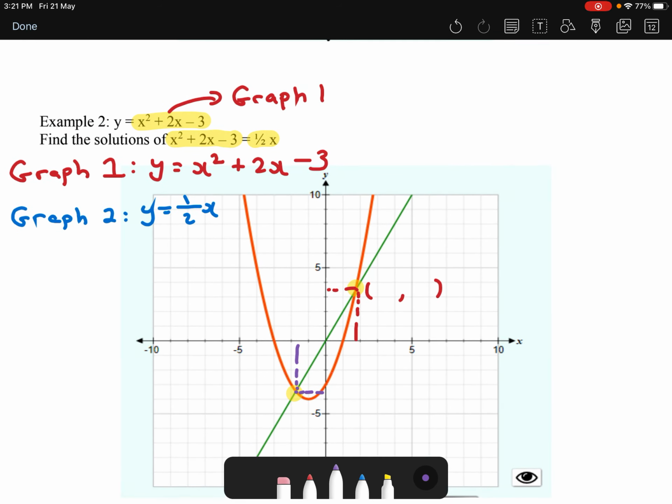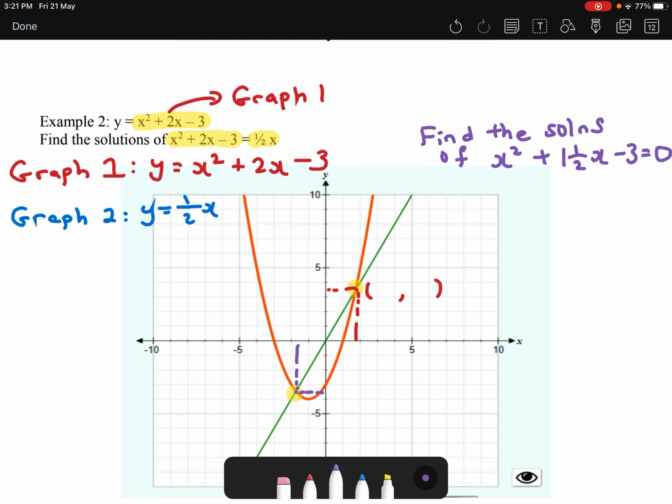But sometimes things won't be so simple. Sometimes you will see this example. Let's use the same graph, y equal to x squared plus 2x minus 3. Find the solution of x squared plus 1.5x minus 3 equal to 0.